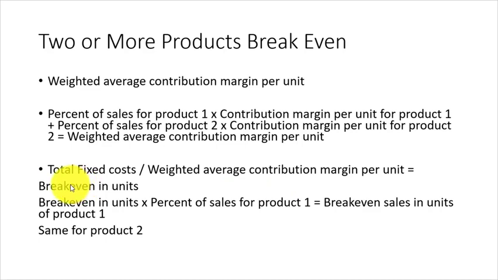This is total units, so 40% of those would be product 1, 60% would be product 2. That would tell us how many we would sell of each product, so we can look to the budget and things like that going forward. So that is how you do it with two products. You have to average them together and then apply the formula.